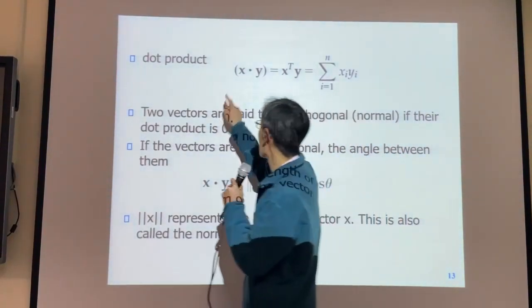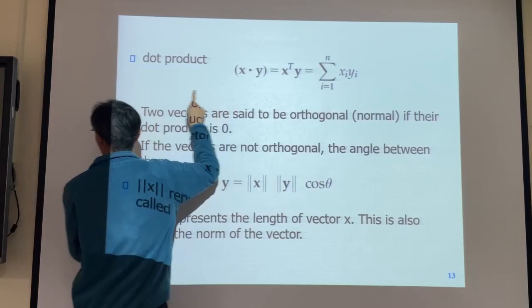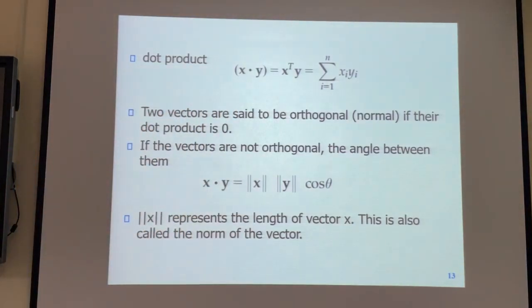So x is a column vector, say x1, x2, and y is y1, y2, a column vector. So we transpose the column vector, which becomes x1, x2, and times y.